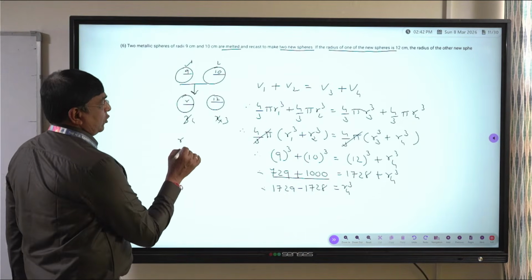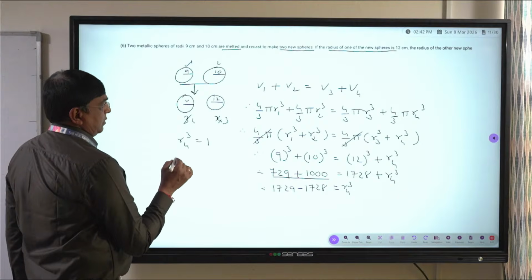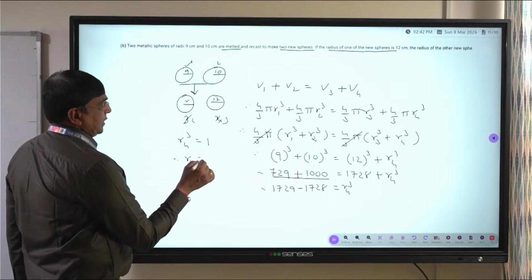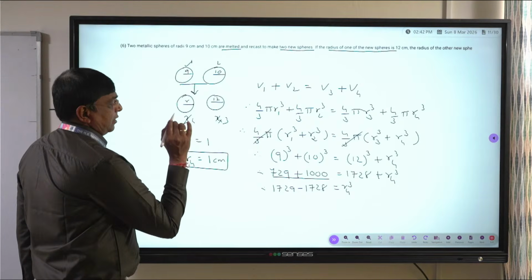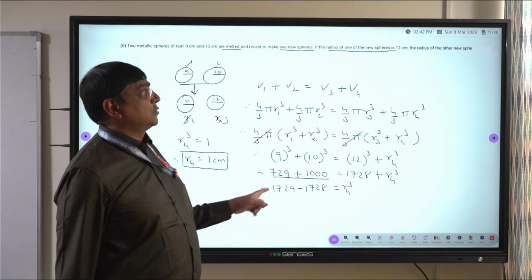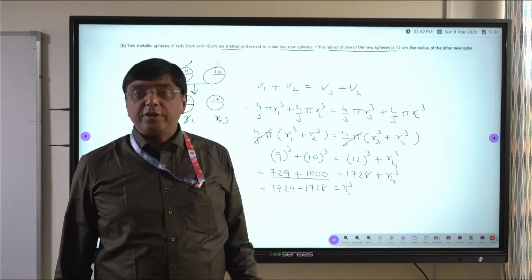Therefore r4 cube equals 1. Cube root on both sides, 1 का cube root 1 unit centimeter is the radius of the other sphere.